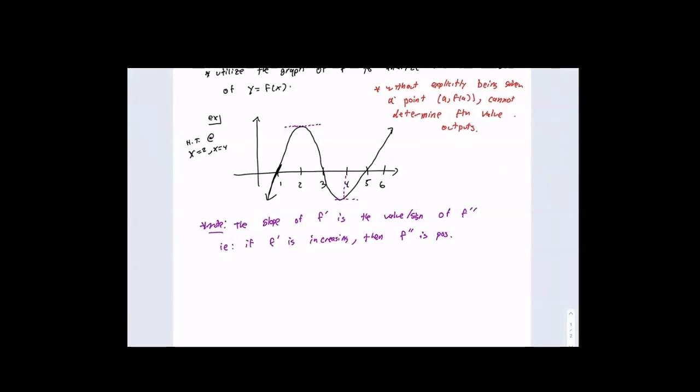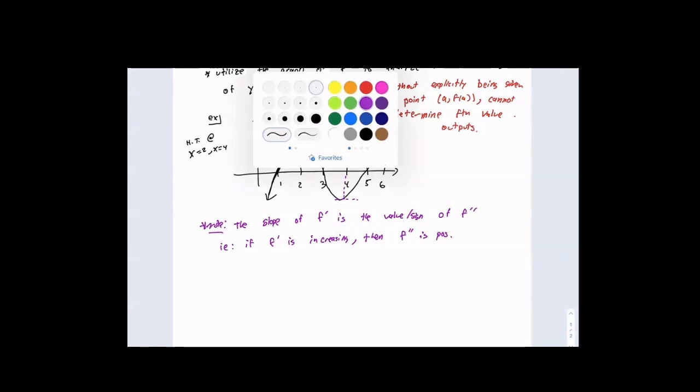So one of the properties that can be very helpful: when we were talking about whether the function is concave up or concave down, we look to the sign of the second derivative.